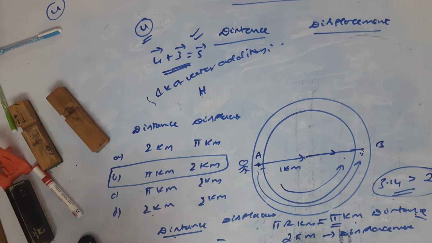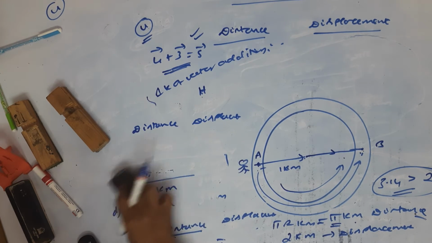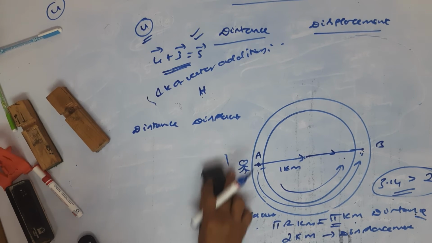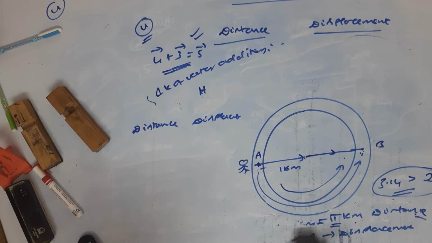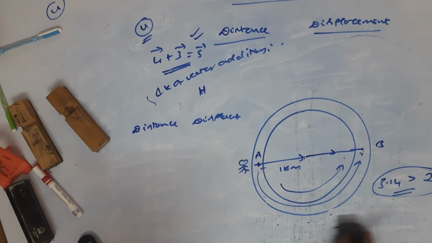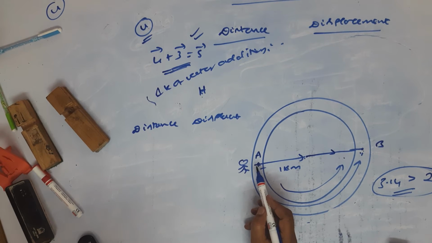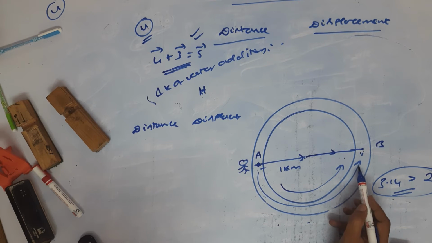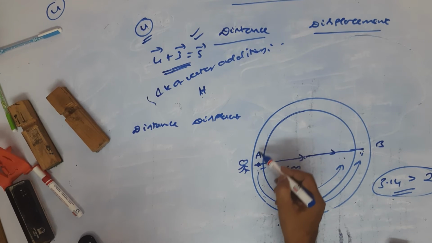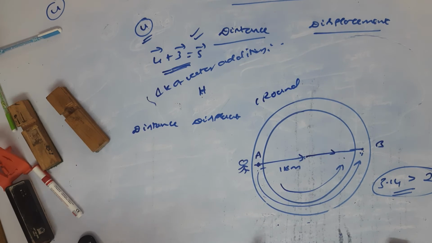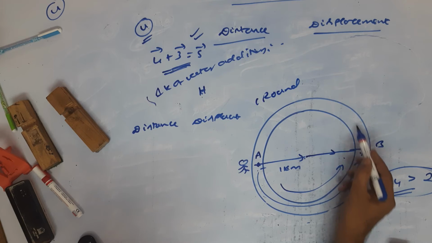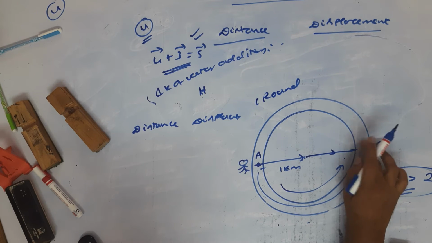Okay. Now, suppose you answer this question. I will give one more question, at a slightly higher level, get ready now. Okay, now look here. Suppose imagine that you are starting from point A. If you round up this park, one round, for one round, if you go like this, you are coming like this, here only you are coming back.